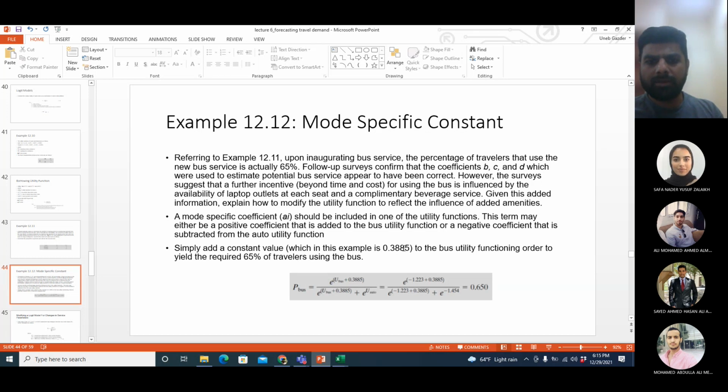You can either add a value to the utility of the bus, or you can subtract a value from the utility of the car, because this one has a positive effect on the use of the bus service. So you can calculate a constant and add it to the utility function of the bus, or calculate the same value and subtract it from the utility of the car. Here they are adding this constant in the utility of the bus. Okay, but let me check something here. Why are our values not matching?